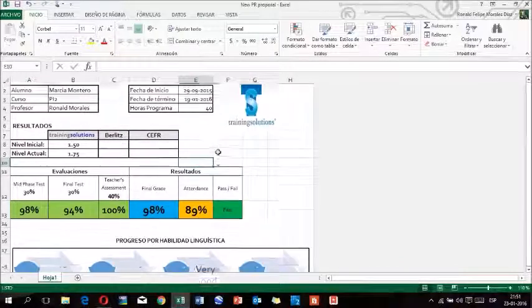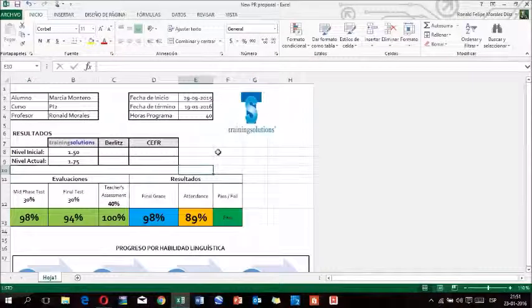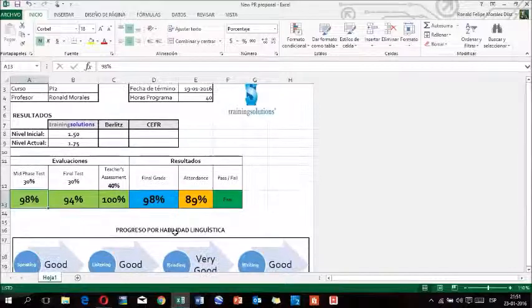Now, in relation with the evaluations, remember that it is very important to be precise. The good thing about this document is that, for example, this student was an excellent student and she got a 98%. But remember that this is something that you have to complete depending on the number of evaluations that you completed.